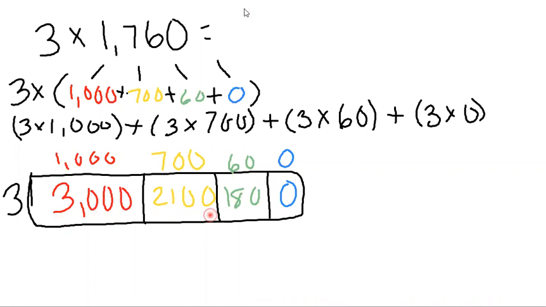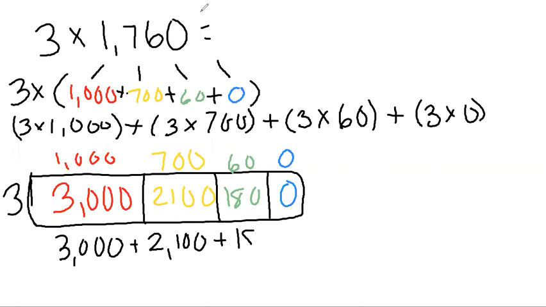3,000 plus 2,100 plus 180 plus 0. I'm going to write that equation out just so I have it. 3,000 plus 2,100 plus 180 plus 0. Add those numbers up.